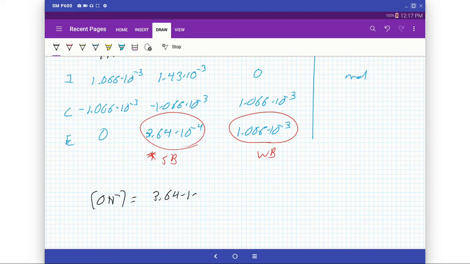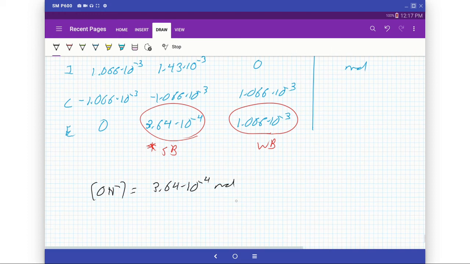3.64 times 10 to the minus 4 moles of hydroxide over our total volume, which is 0.035 liters, 35 milliliters.